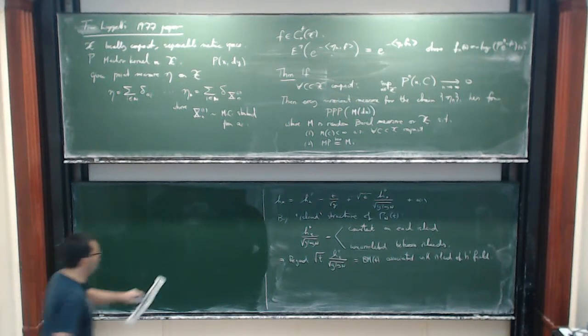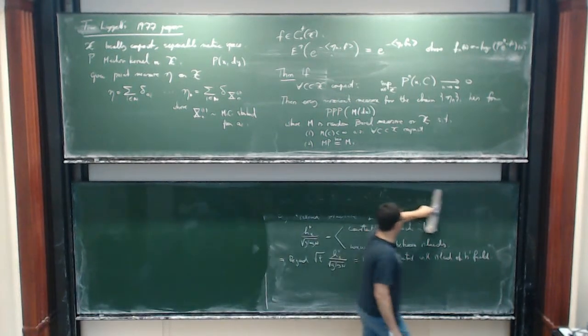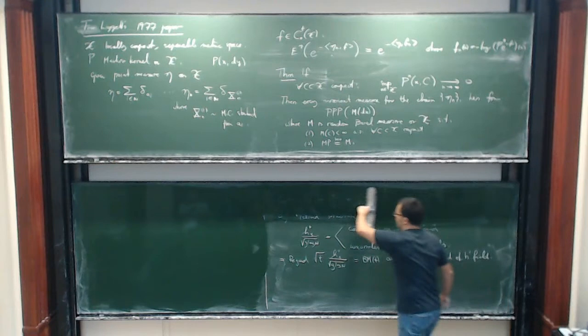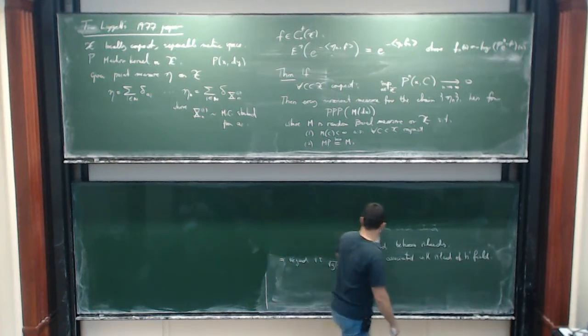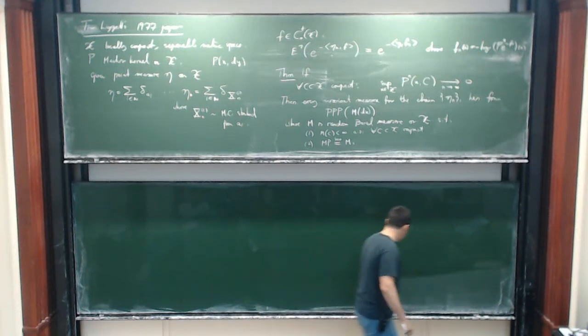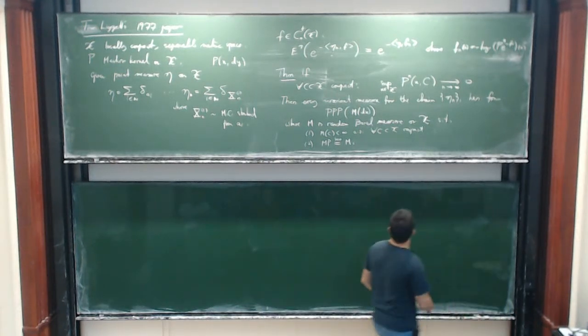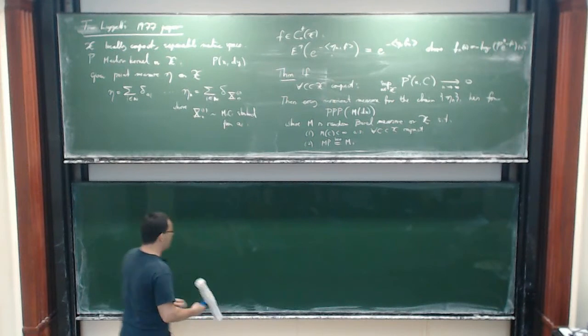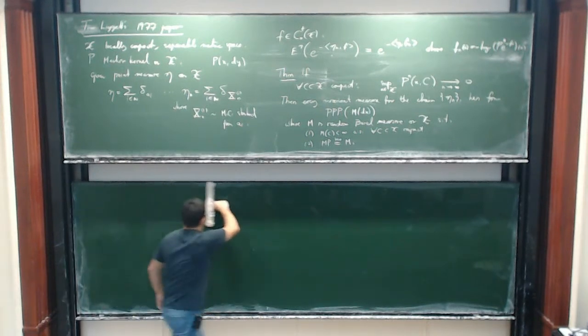Now this is not the end of the story, because what you need, and that's really the substance of the Liggett paper, is some way to use the condition that MP is in distribution equal to M. And that's not automatic.